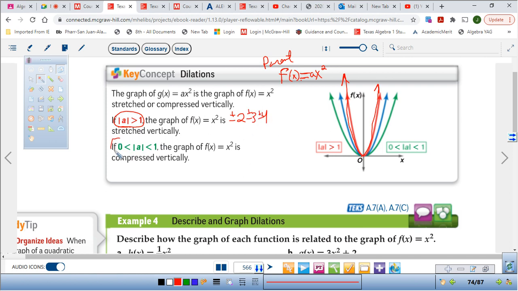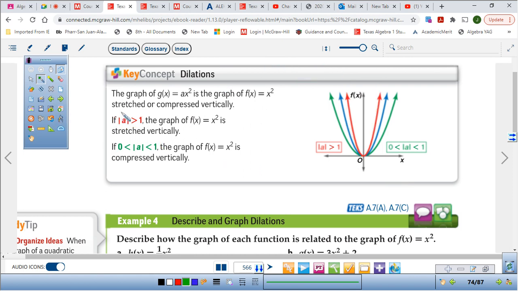Now, what if your number is between 0 and 1? Basically like half, like a third, like 5/7. You see how this doesn't make it take off fast? It says take x squared, and then multiply it by half. So it keeps the numbers low. Doesn't make it go narrow or take off real fast.